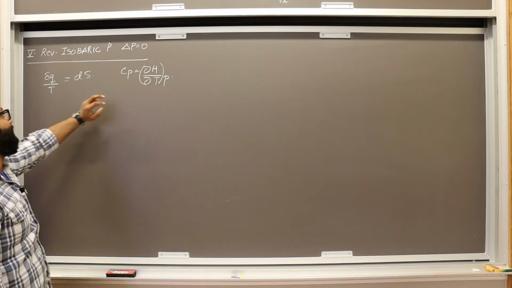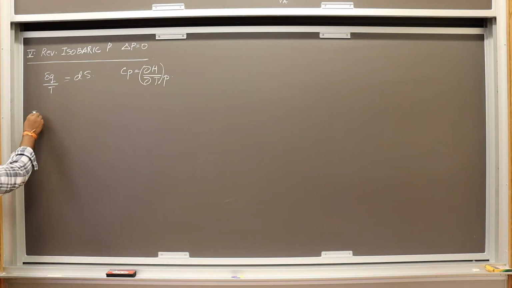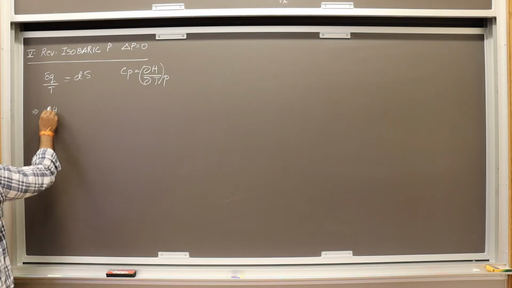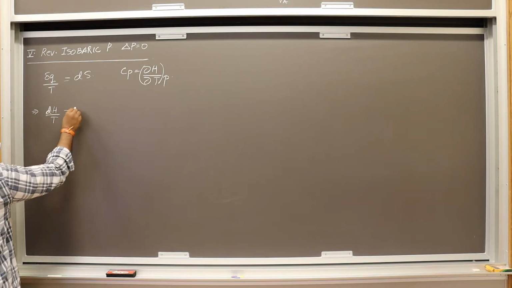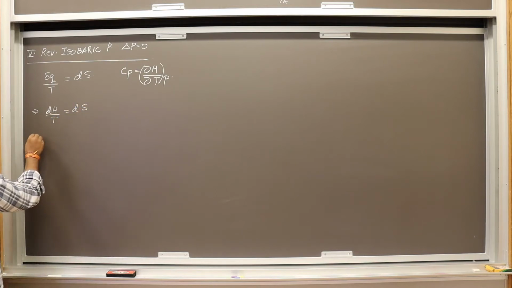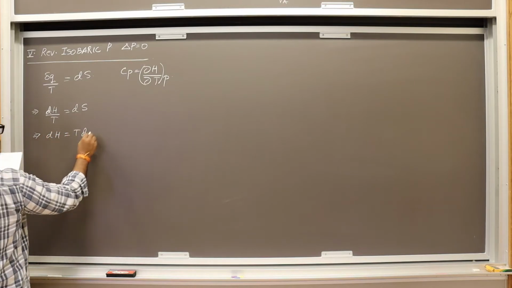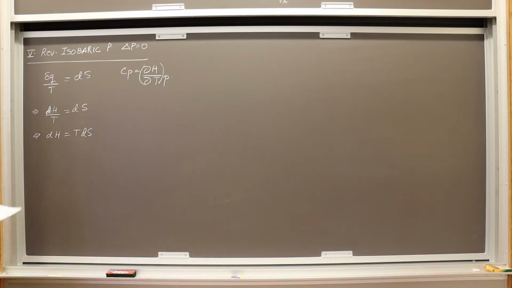That's how it was defined, right? So in here, this whole thing becomes dH by T, dS. So dH becomes T delta S.